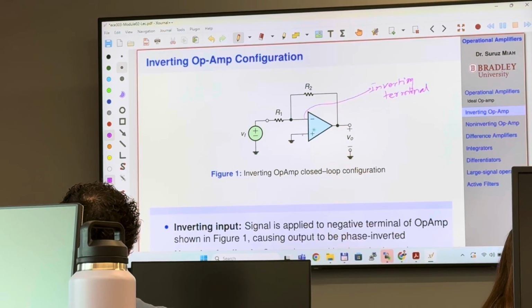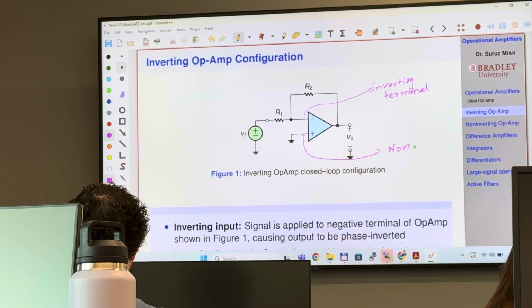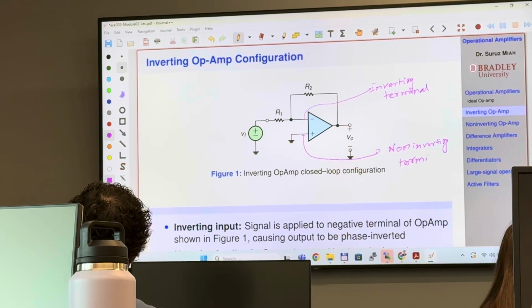So this is the positive terminal and this is called the non-inverting terminal.